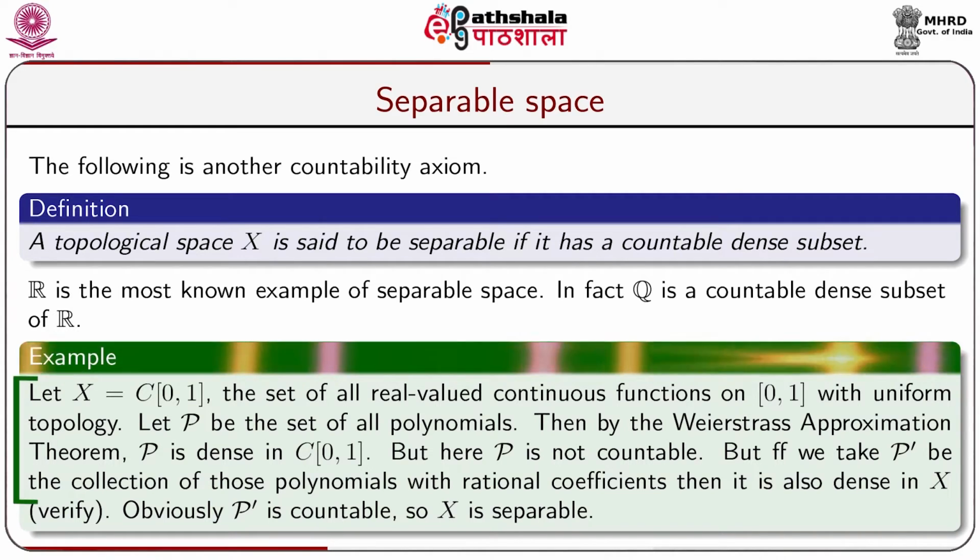We know that polynomial functions are continuous. So, every polynomial with rational coefficients restricted to the closed interval [0,1] belongs to the set C[0,1], and this is a countable set. Now, by Weierstrass's approximation theorem, we know that this set is dense in C[0,1]. So, C[0,1] is a separable space.